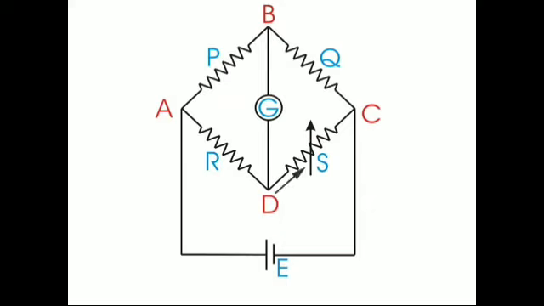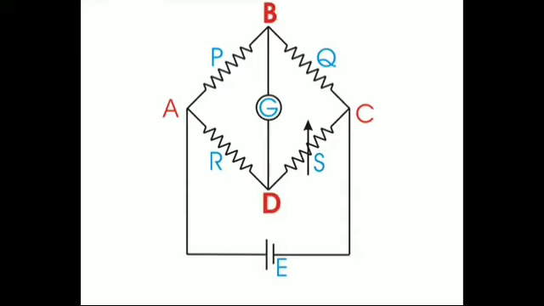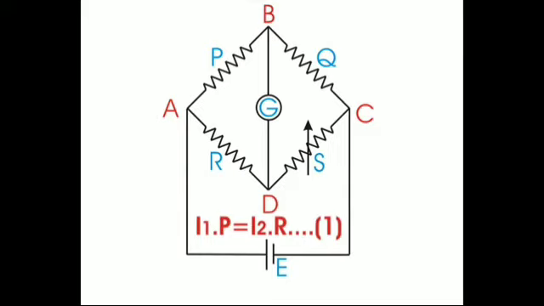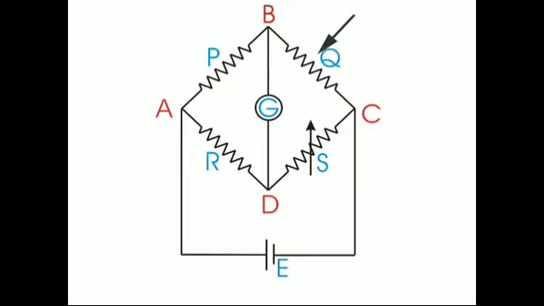Next, applying Kirchhoff's voltage rule to loop A, B, D, A: I1P plus IgG minus I2R is equal to 0. Next, applying Kirchhoff's voltage rule to loop A, B, C, D, A: I1P plus I3Q minus I4S minus I2R is equal to 0.